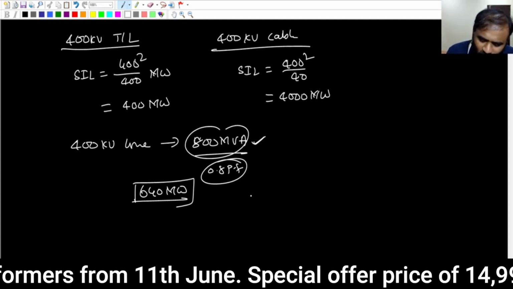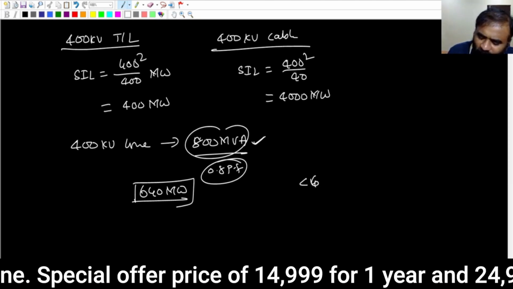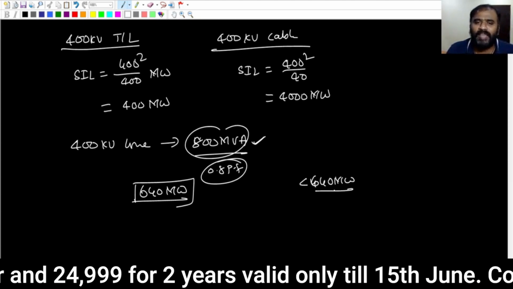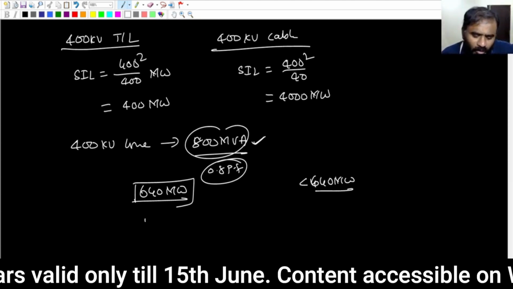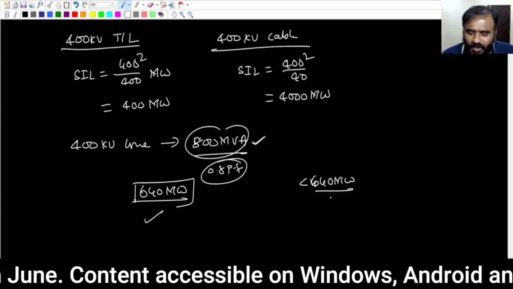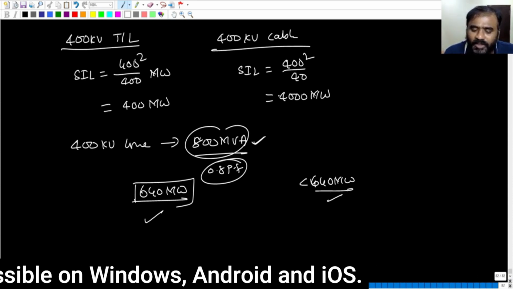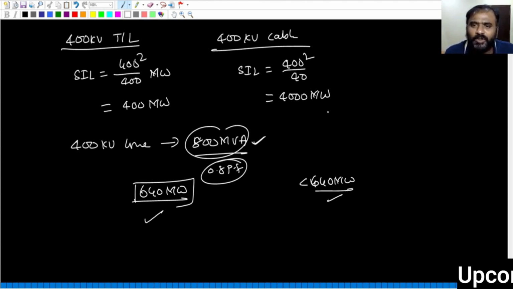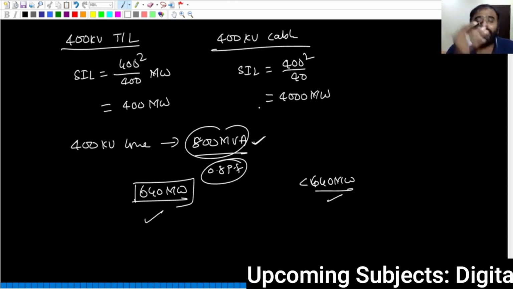But what about underground cable? Less than 640 megawatt, right? Because a cable will carry less power than a line. So practical loadability is less than 640 here, but surge impedance loading is 4000. Even 640 is less than 4000 megawatt. That's what I am trying to say.